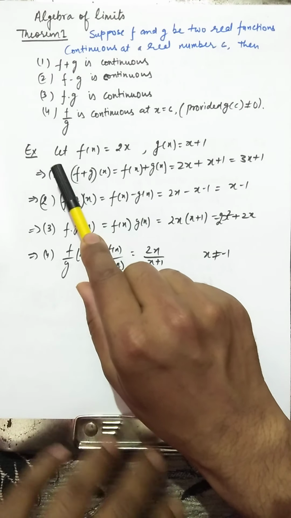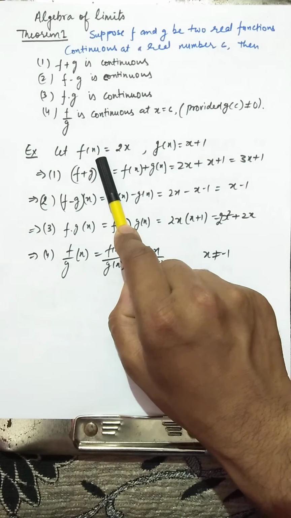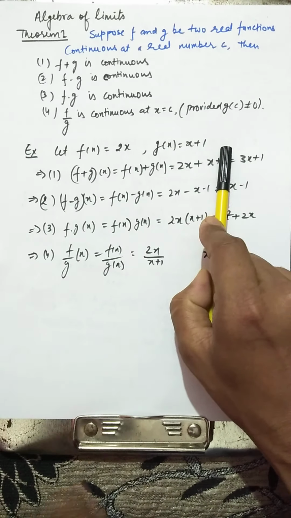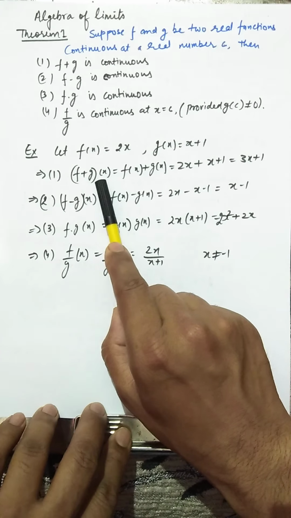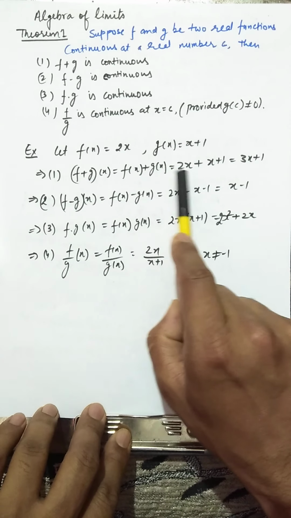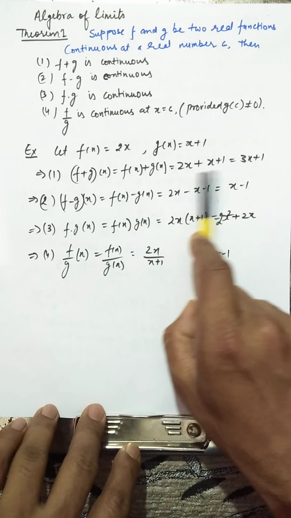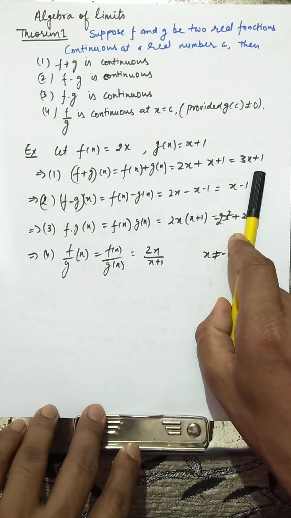For example, if f(x) equal to 2x and g(x) equal to x plus 1, then (f plus g)(x) is f(x) plus g(x), which is 2x plus x plus 1, that is 3x plus 1.